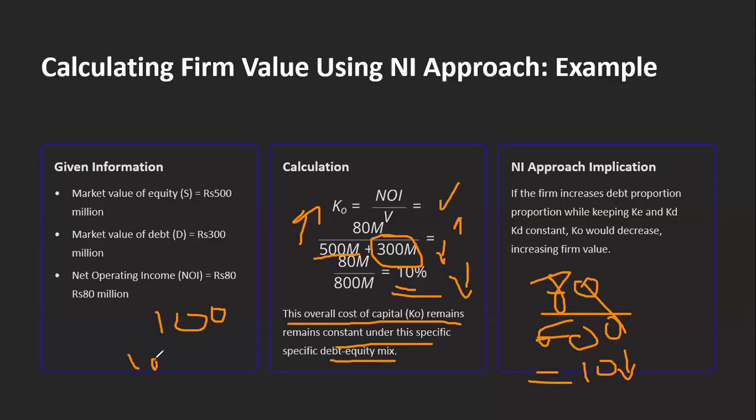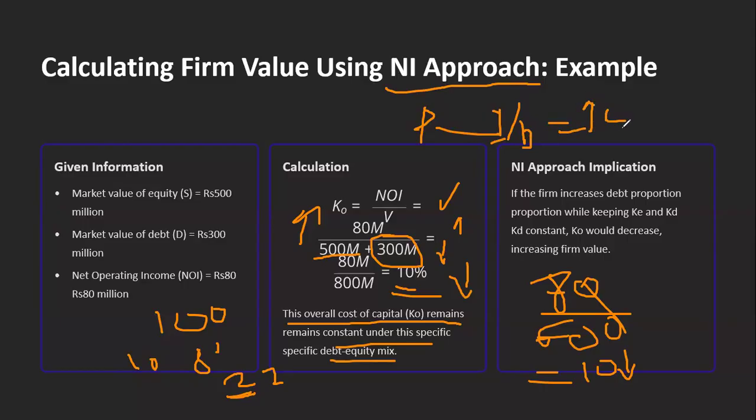For example, earlier it was 10 and now I am paying around 8%, then 2% additional income is generated out of nothing. And that's why this is called the net income approach. So my profit minus interest or dividend, if it generates or saves something, then it will be there. But the condition is that cost of equity and cost of debt should follow these relations.